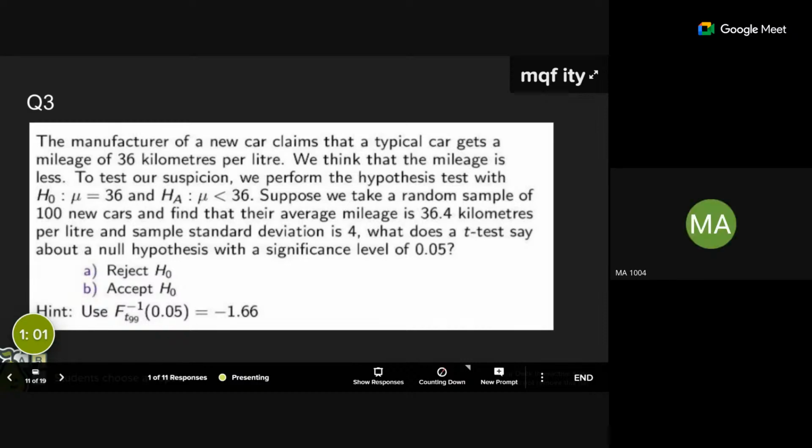For what? Yes, sample standard deviation is given to us, this 4. Then why? Yeah, population standard deviation is unknown. Yes, correct. Variance is unknown to us, the population variance.